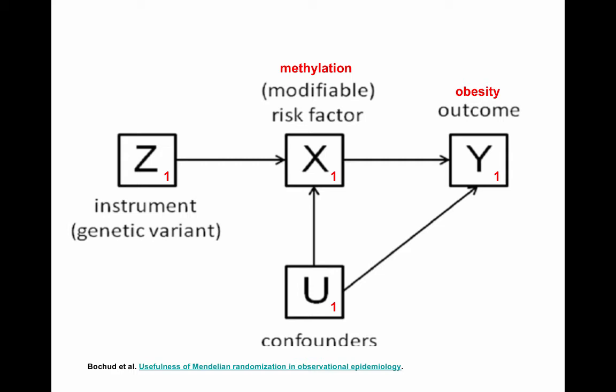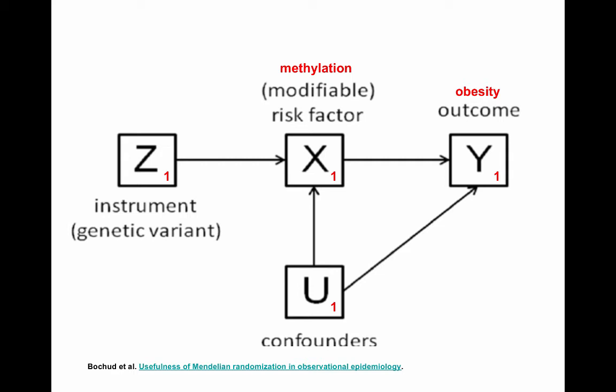Imagine we observe a statistically significant association between methylation in a specific genomic region and, let's say, BMI, body mass index. It is just an association, and we know better than to call it causal, so we decide to investigate it further using this Mendelian randomization approach. This graph is probably familiar to you from Stephen's lectures.